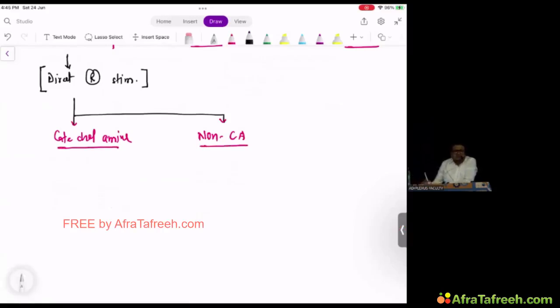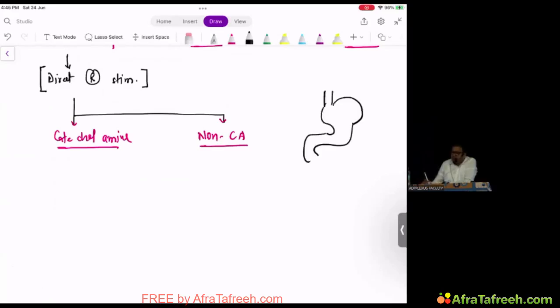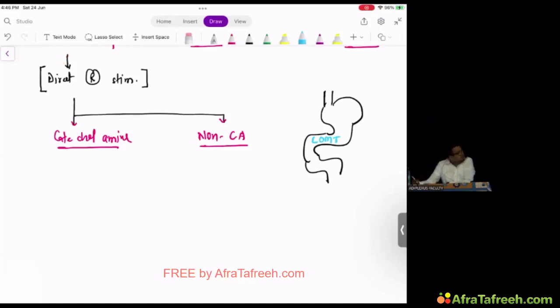You just need to understand that in your GIT, there is an enzyme, very simple diagram I am showing, called COMT. In our intestine, there is an enzyme called catechol orthomethyl transferase.